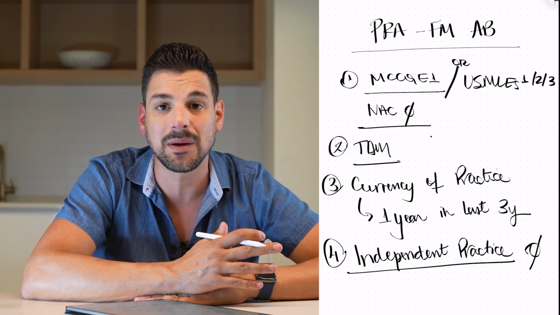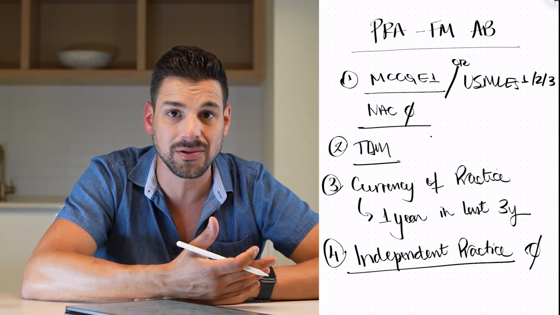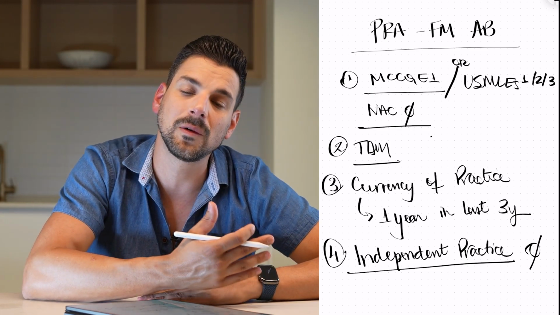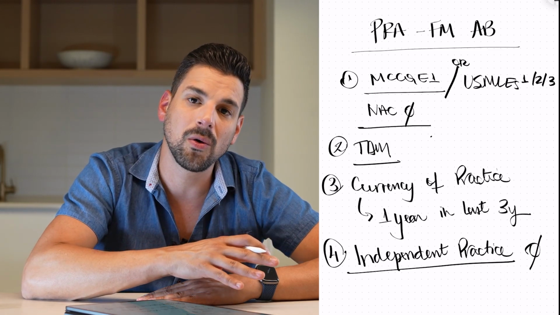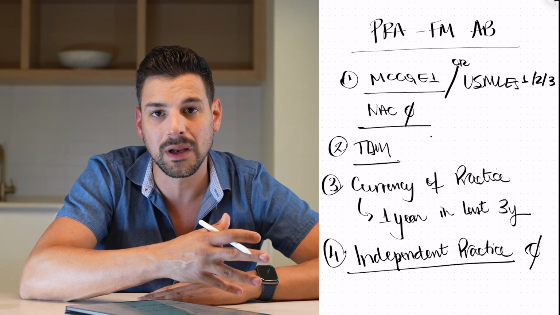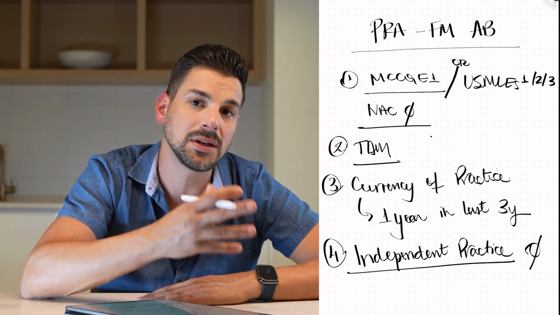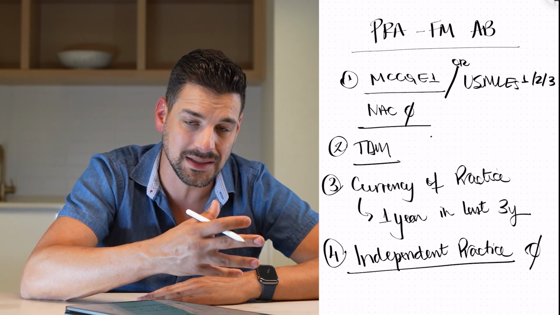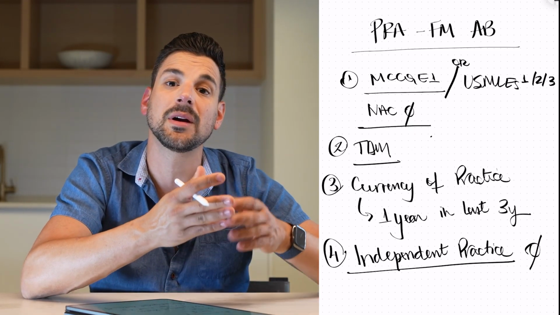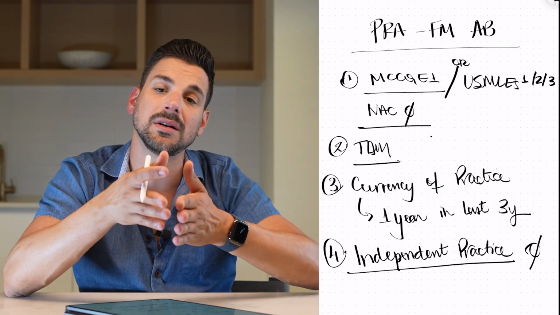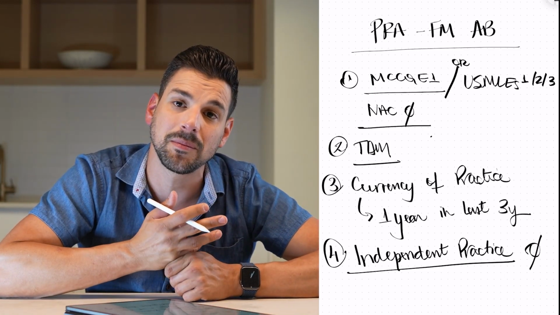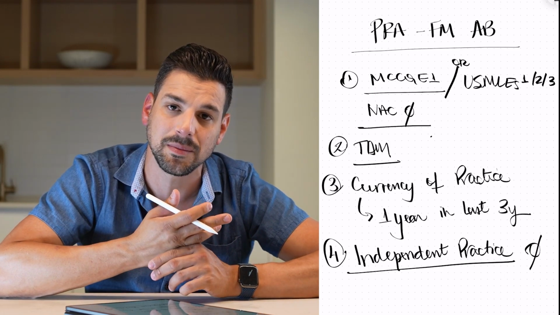If, for example, you did a medical school that has an internship and you completed that internship and then did 1 year of postgraduate training, or you did 2 years of family medicine residency, upon completion of that residency you have only 2 years to apply for this if you're not doing any independent practice after the residency program.